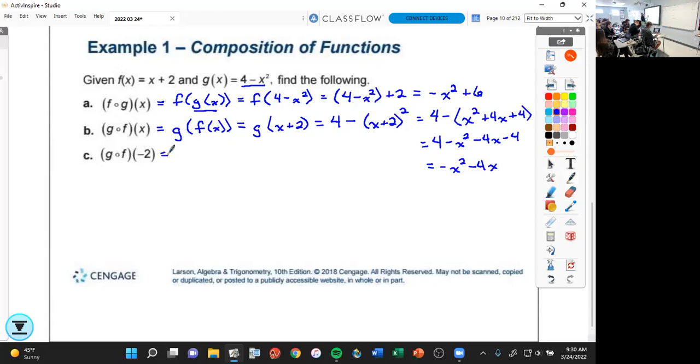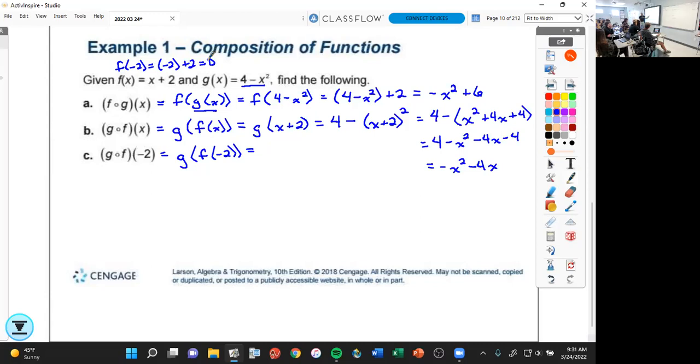G of f of negative 2 means g of f of negative 2. What is the value of f of negative 2? 0, right? If I took f of negative 2, that's going to give me negative 2 plus 2, which is 0.